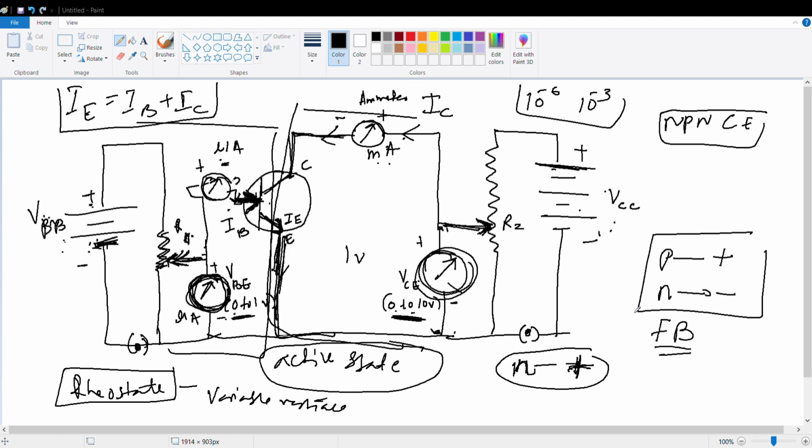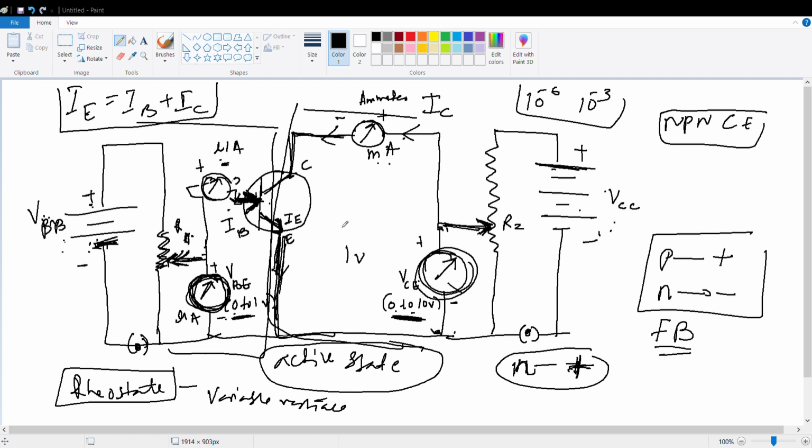Every time I am increasing VC, you see it is changing. You are getting a set of curves like this, like this, like this. This is for one VC, this for another VC, this for another VC. Is it clear?